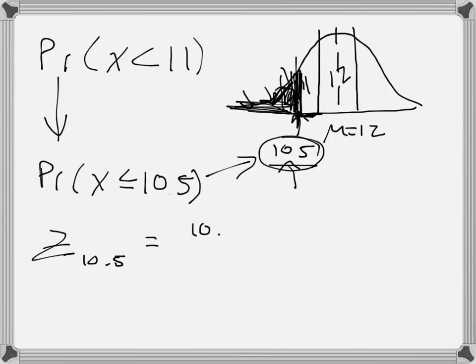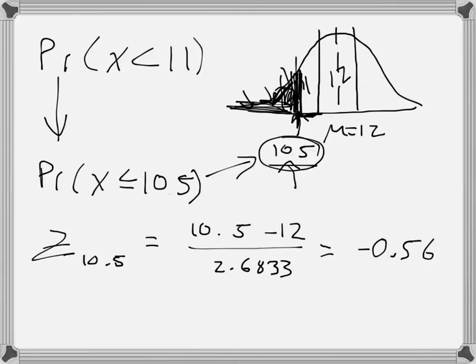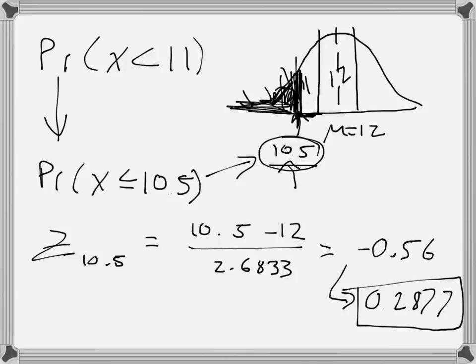This is 10.5 minus 12 over 2.6833. This is again negative 0.56 and gives me a probability of 0.2877. So that's how we do this.